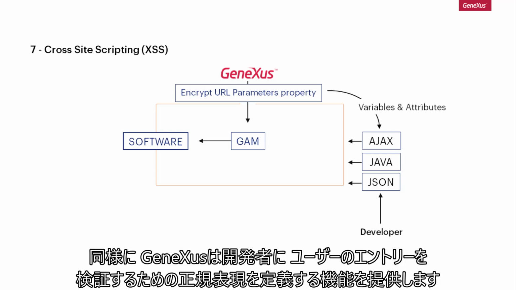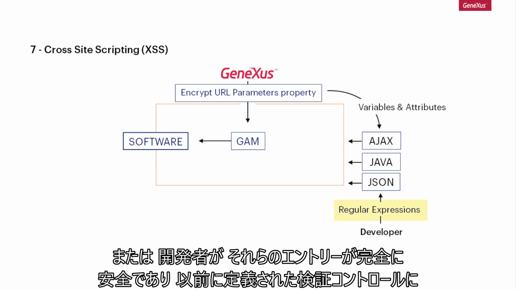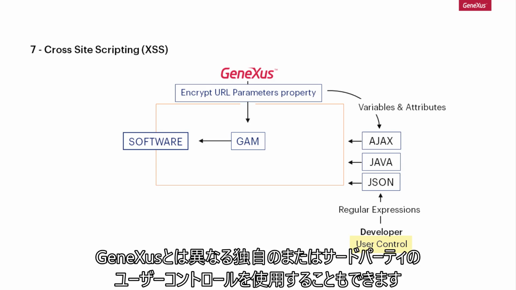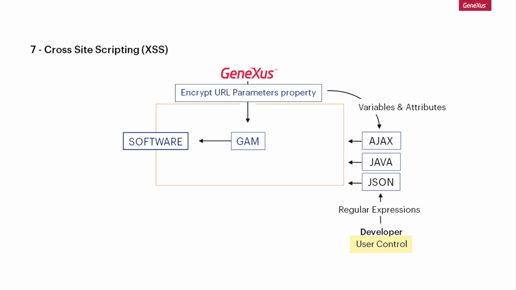Likewise, GeneXus offers developers the possibility to define regular expressions to validate the entries of users, or to use a user control of their own, or of third parties, that is, different from GeneXus, to the extent that the developer is totally confident that those entries are absolutely secure and comply with the previously defined validation controls.